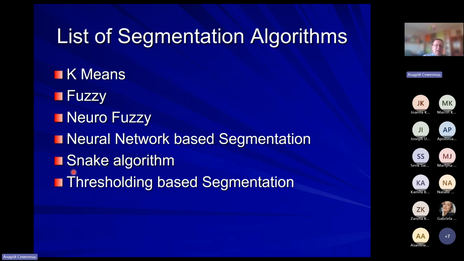There are multiple segmentation algorithms, like fuzzy c-means and others. Modern approaches more and more often use neural network-based segmentation, so-called convolutional neural networks, for example, or VNet in the case of three-dimensional images, and so on.